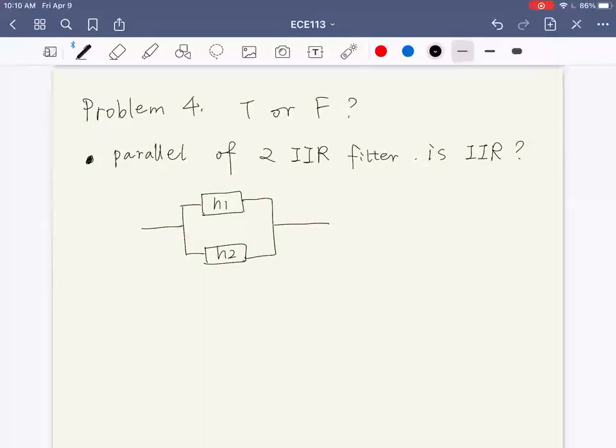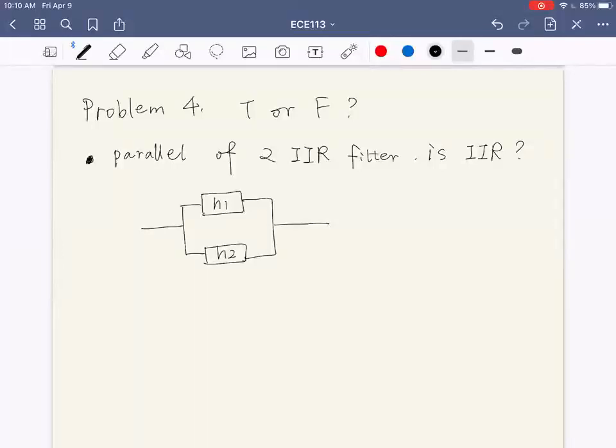It is hard to analyze at once, but we can think of two very similar IIR filters, and maybe by summing them or subtracting them, we can get a finite impulse response, right? So this is an intuition.